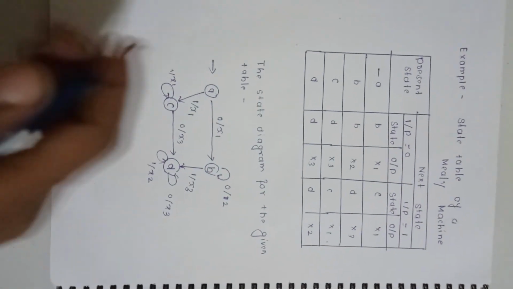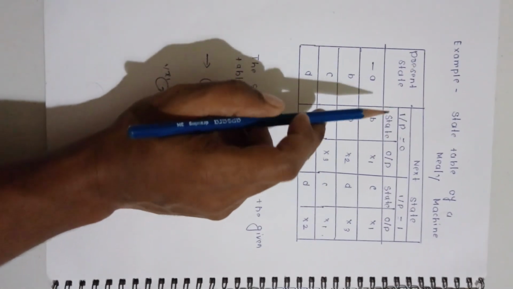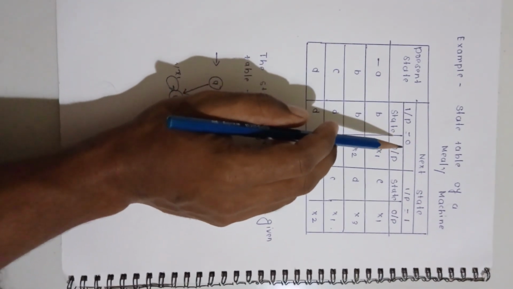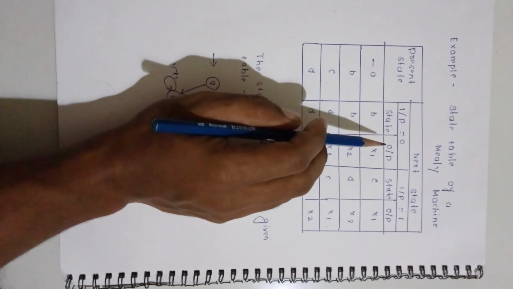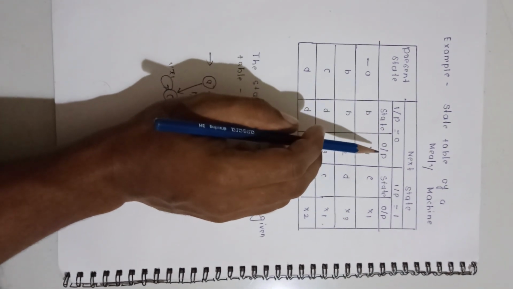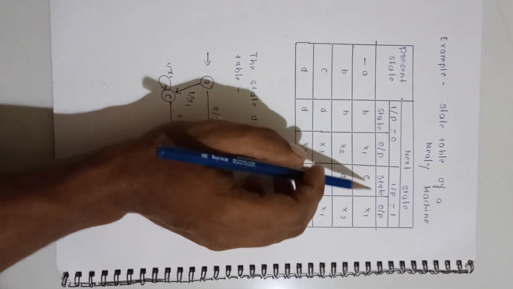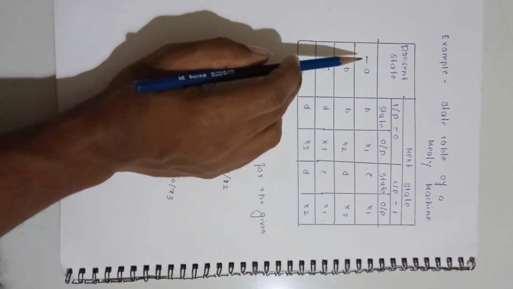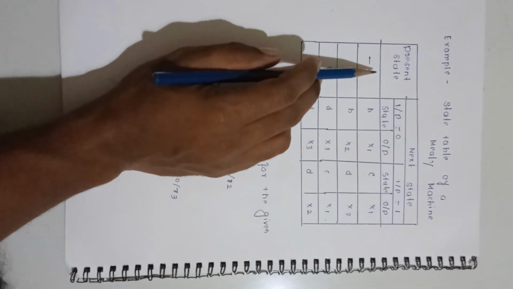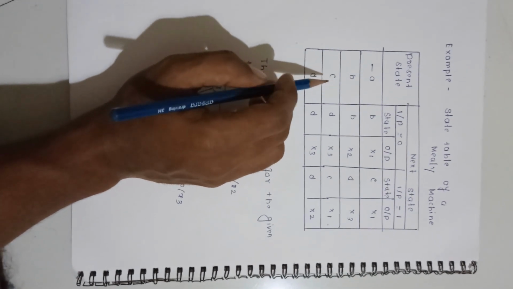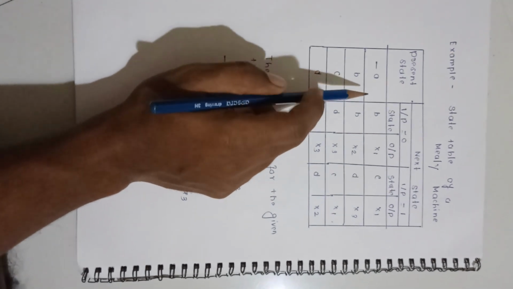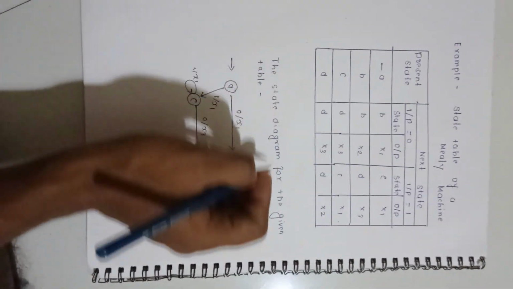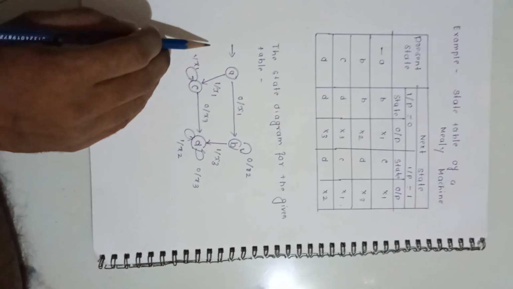So when the input is 0, there is a next state and output, and when the input is 1, there is a state and output. A is the starting state. With the help of the transition table we can draw the transition diagram.